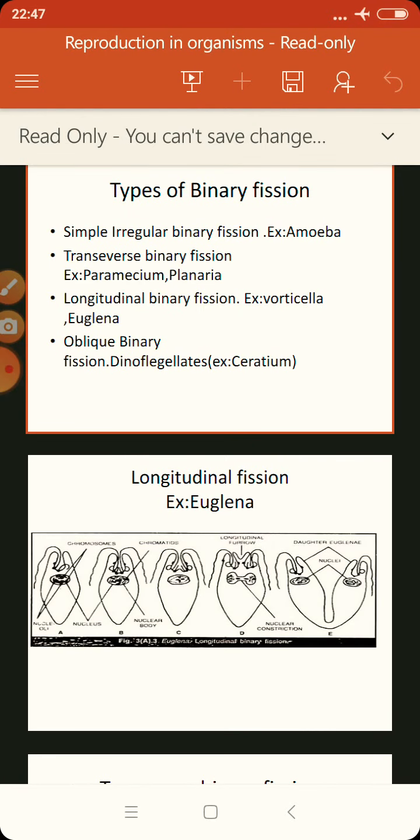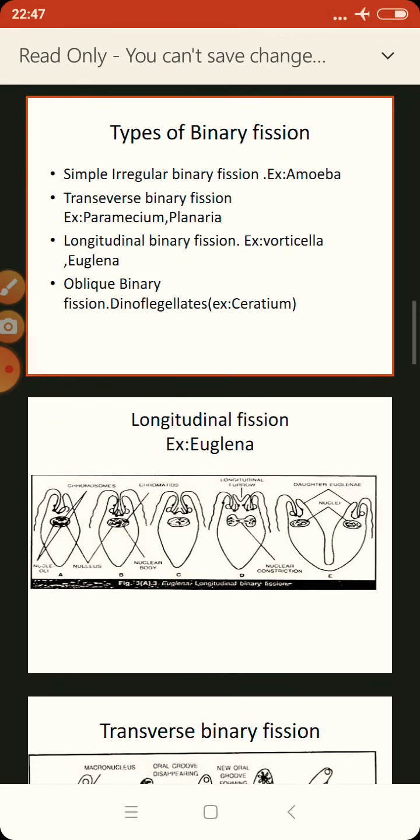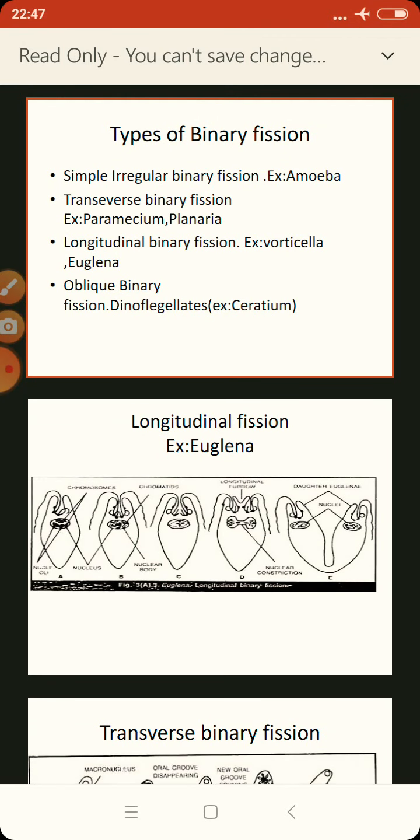I already told you what amitosis is. It is a process of asexual reproduction where the two daughter cells will not be equal, and the number of chromosomes will also not be equal. So this is a simple type of division. That is what we talk about in transverse binary fission.